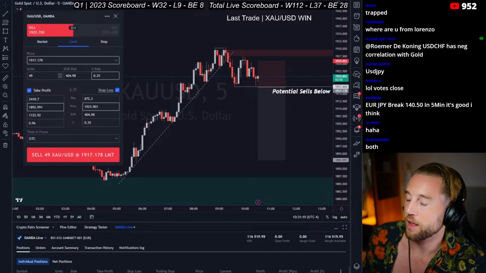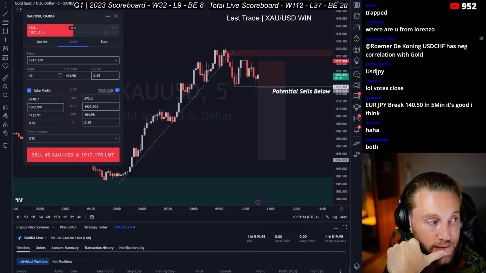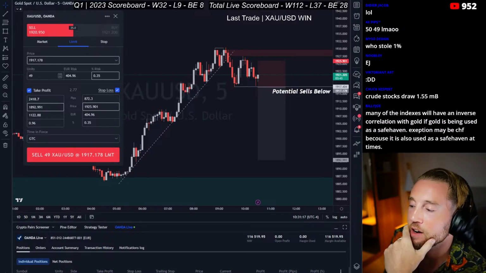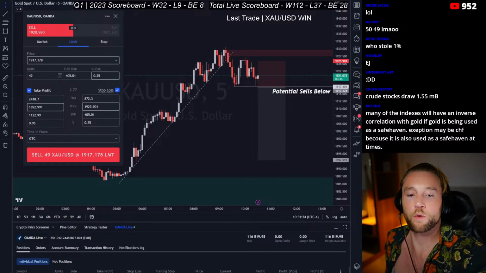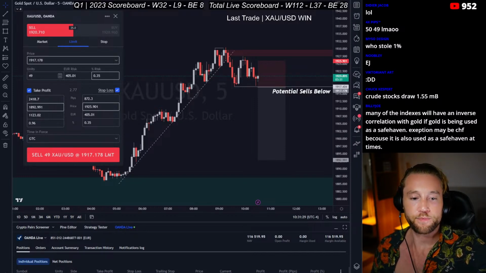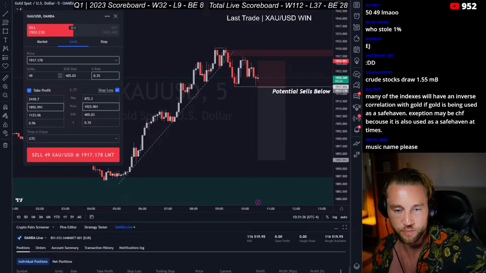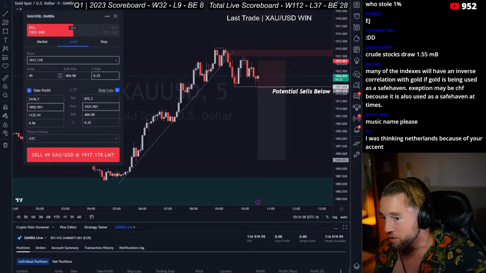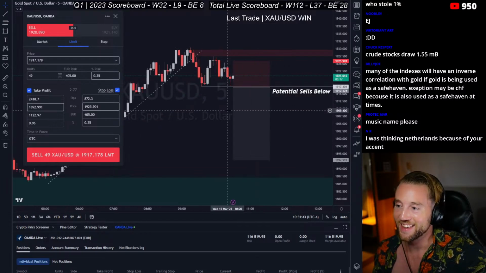Where from? Born and raised in the Netherlands, living on the other side of the world. How many votes? Around 400 votes, I guess. It was 50-50, as far as I saw.